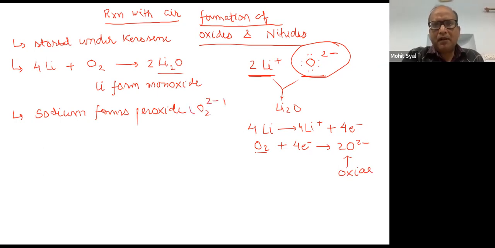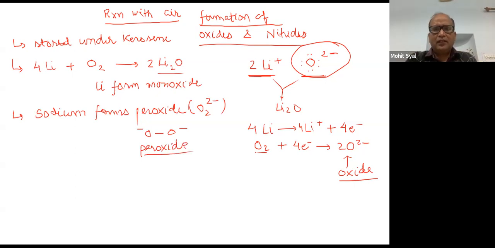O2 2- is peroxide. It will be like this. There is O- joined to O- by a single bond. This was oxide and this is peroxide. So in condensed way, I can write it as O2 2-. Actually it is O- and O- connected by a single bond. So sodium forms peroxide.